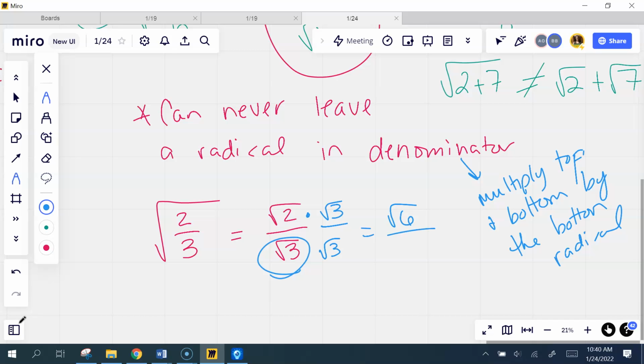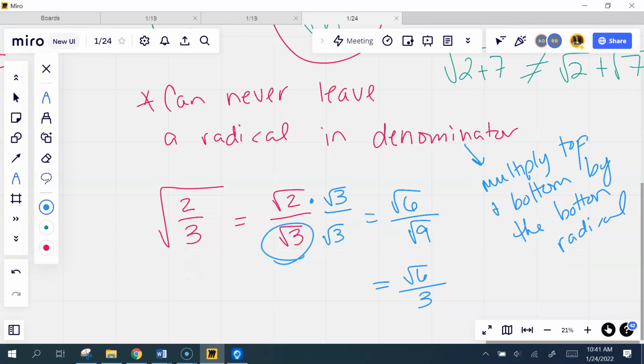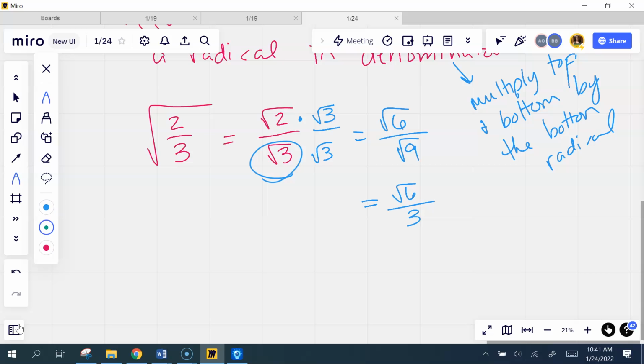What's the square root of 3 times the square root of 3? What is it? Square root of 9, right? Multiply them. And what is the square root of 9? So in fact, any radical that you multiply by itself, the square root of 2 times the square root of 2 is 2.